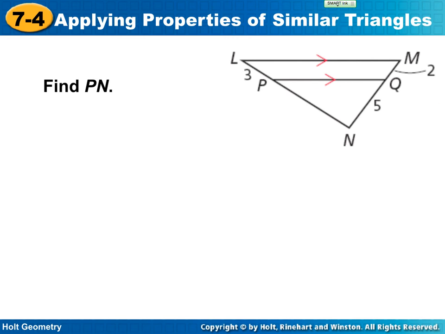Okay, so let's find the length of PN. Do we have the triangle with the extra parallel? Yes, we do. The theorem said you can do a ratio with the segments where that line intersects. So, let's talk about the right-hand side. Either 2 over 5 or 5 over 2, whichever preference you have. Then set that equal to 3 over x, because that's what we're trying to find.